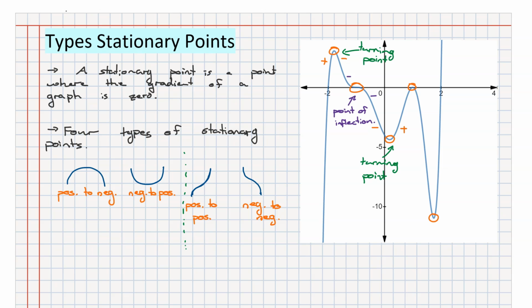The ones on the left here, positive to negative and negative to positive, are turning points. And the ones over here are called points of inflection.